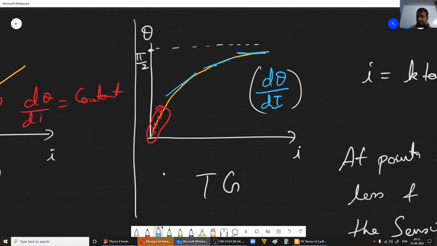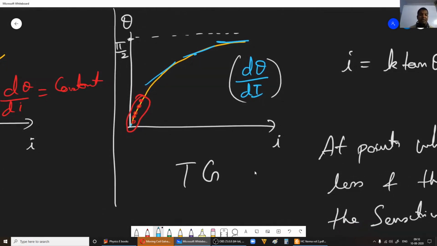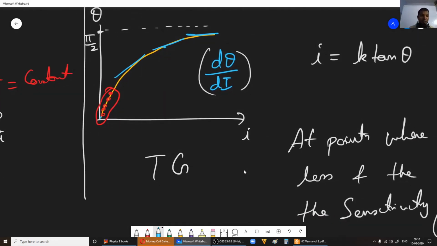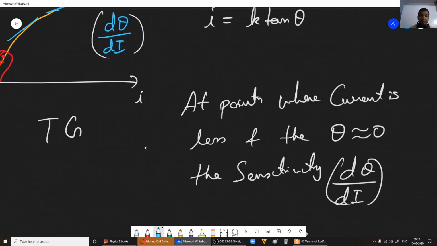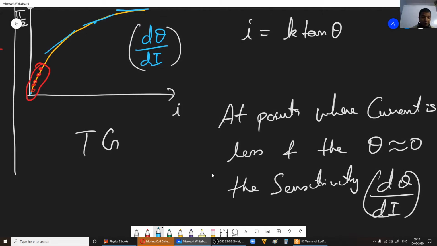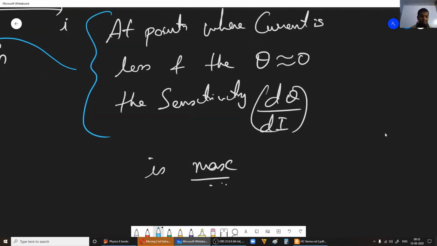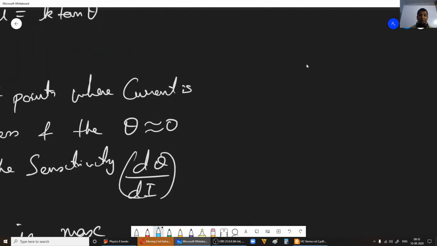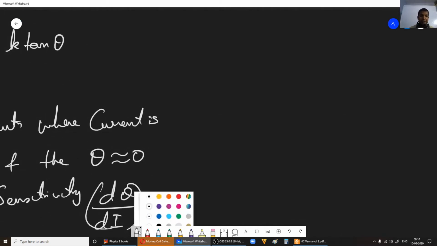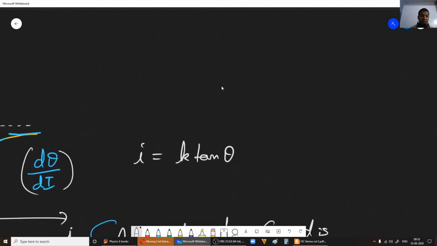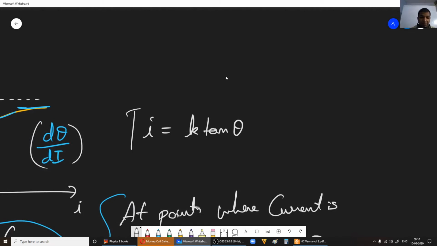Now, if you define sensitivity as deflection per unit current, then obviously at points where current is less and theta is approximately 0, that is, these red points I have plotted, the sensitivity will be maximum. But coming to the tangent galvanometer, if theta is 0 or close to 0, what is the use?